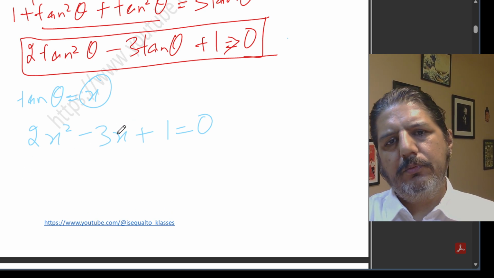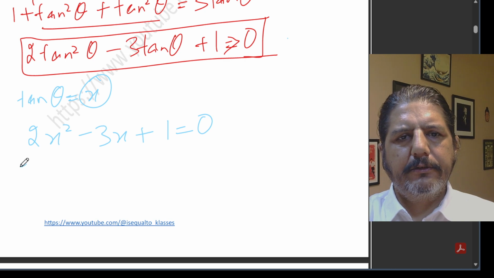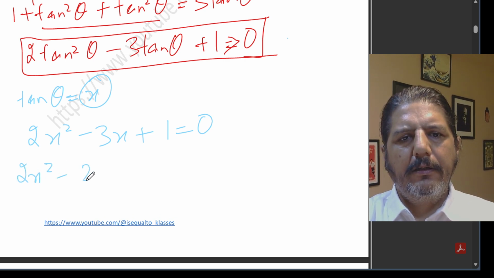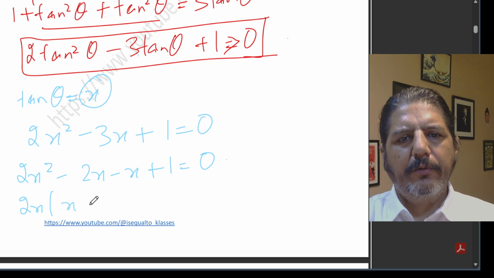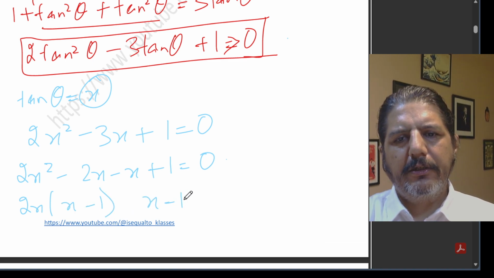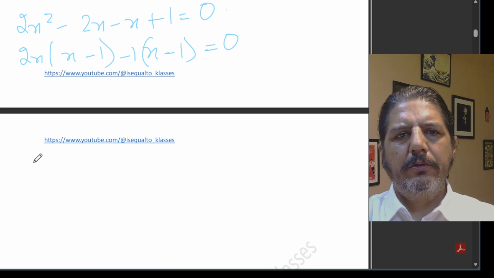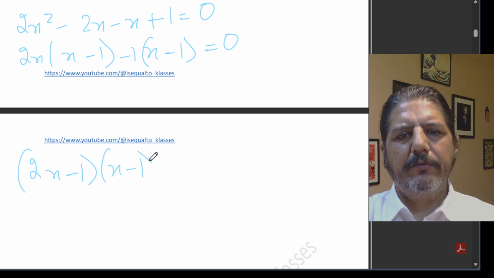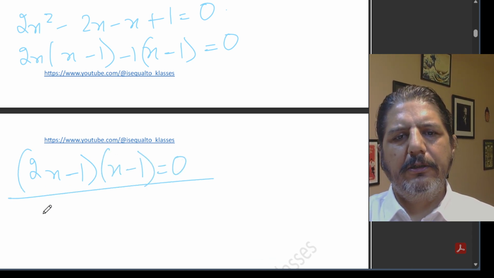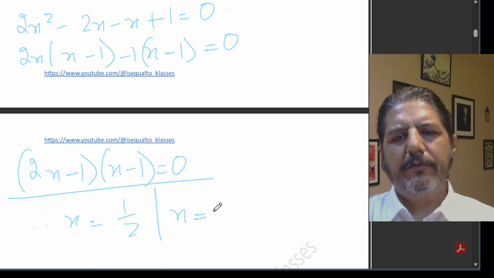So, I can write this as 2x square minus 2x minus x plus 1 is equal to 0. 2x is common. So, 2x times x minus 1 minus 1 times x minus 1 is equal to 0. This will be equal to 2x minus 1 and x minus 1 is equal to 0. Therefore, x is equal to half or x is equal to 1.